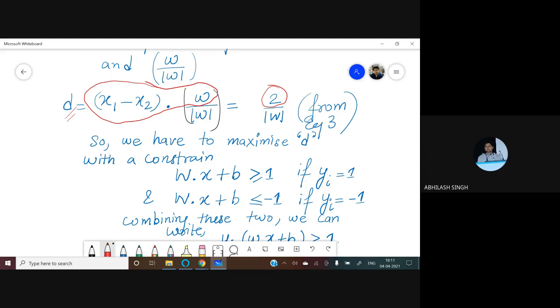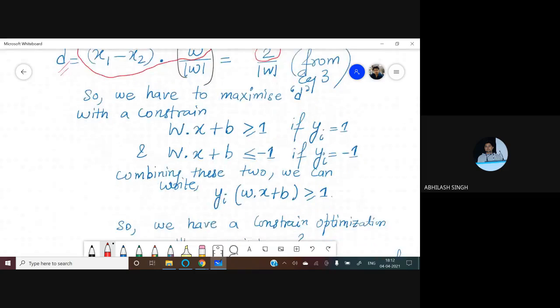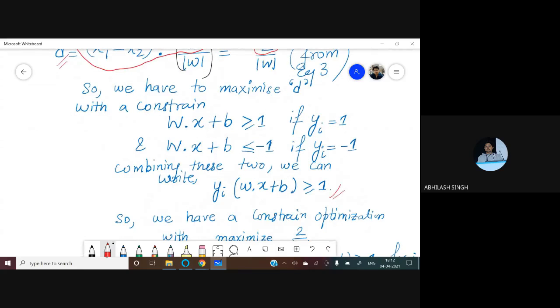So instead of writing these two equations, you can combine them into one. Just multiply yi with this. If you multiply yi by this, the negative sign will change the direction and we will get this constraint.